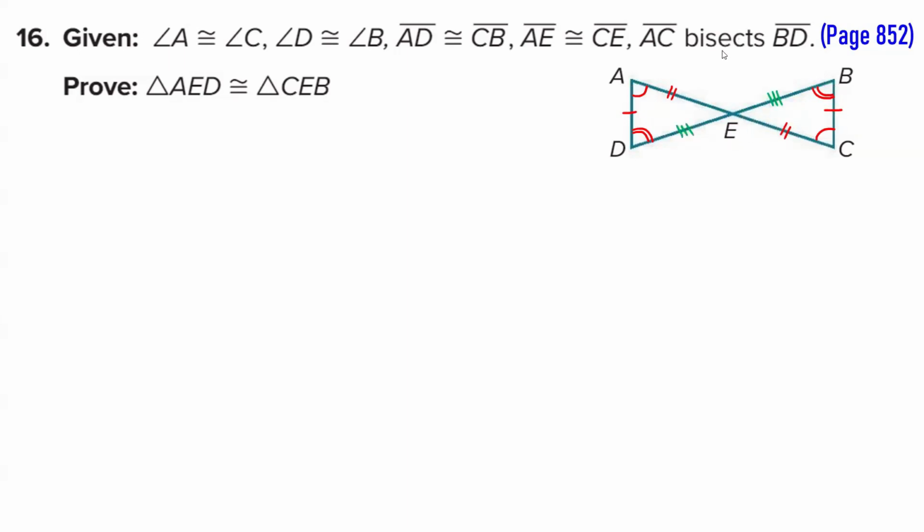By the definition of bisector, I can easily say that the line segment DE is congruent to the line segment BE. So, because all the elements in the first triangle are congruent to the elements in the second triangle, I can say that these two triangles are congruent.